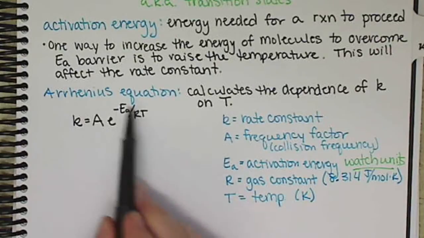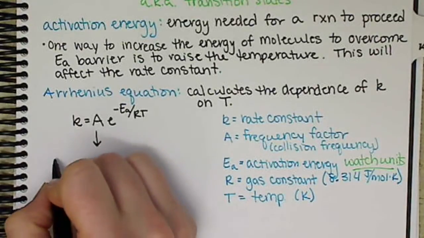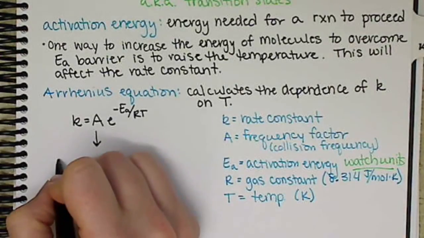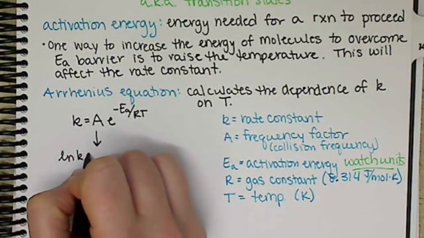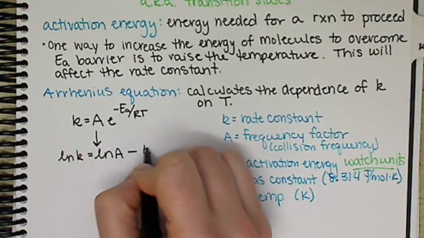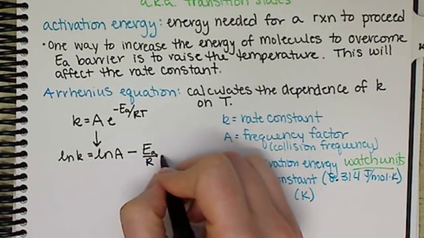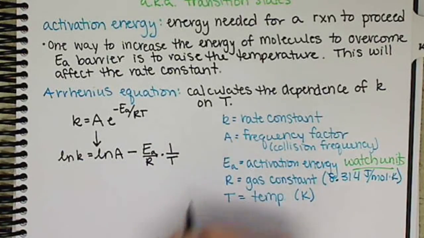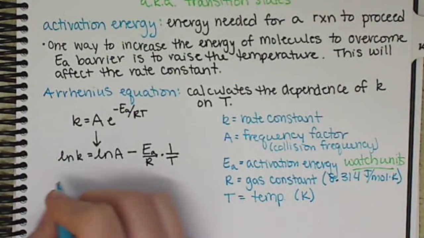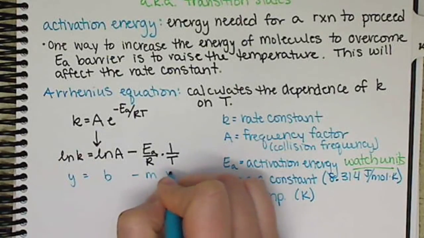Another form of the Arrhenius equation puts it into a linear form. We have the natural log of our rate constant is equal to the natural log of A minus E_A over R, these are constants, times 1 over T, that's our variable. So you have your y equals b minus mx form.